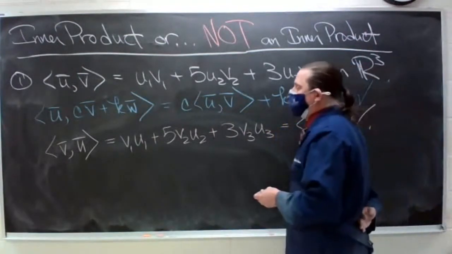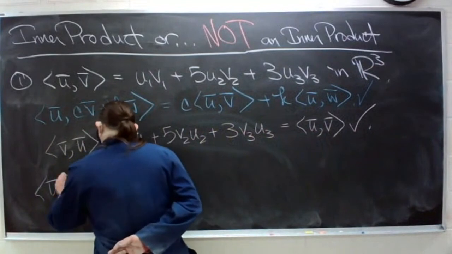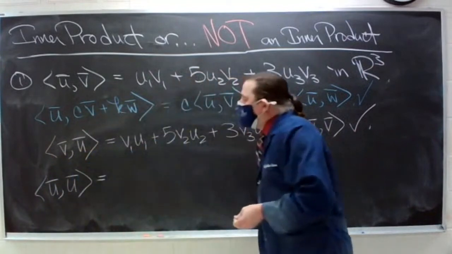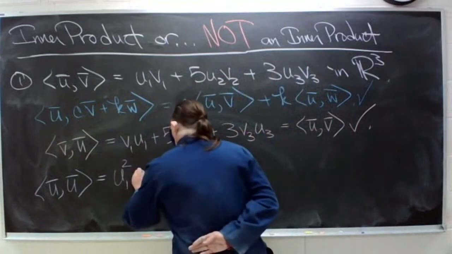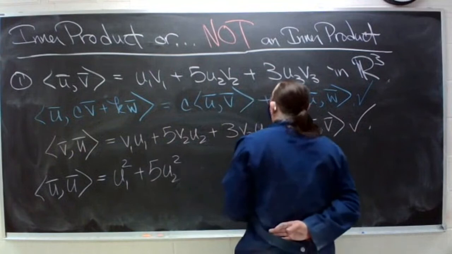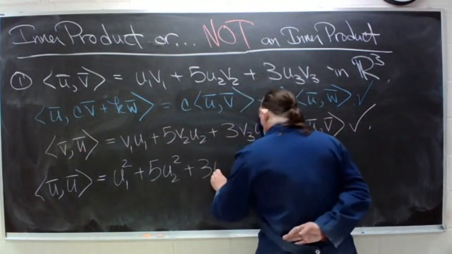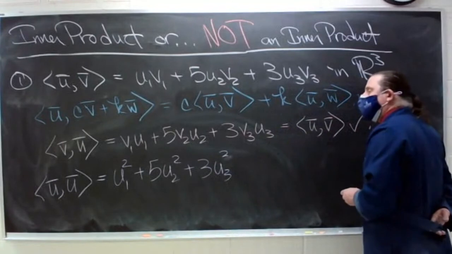What about positivity? Well, the inner product of u with itself would be u1 squared plus 5 u2 squared plus 3 u3 squared.